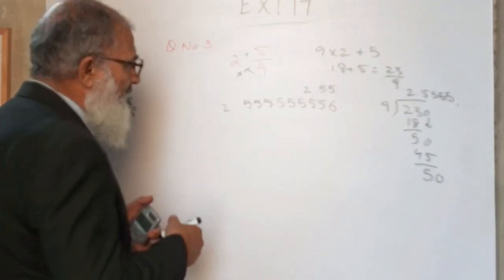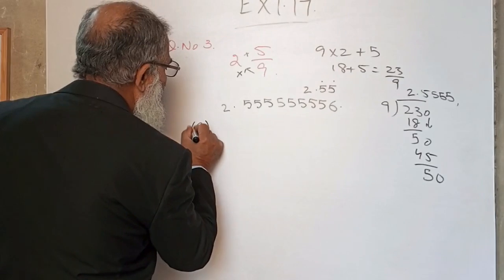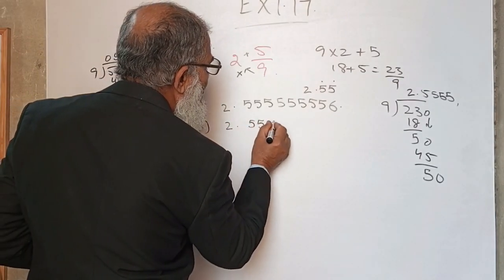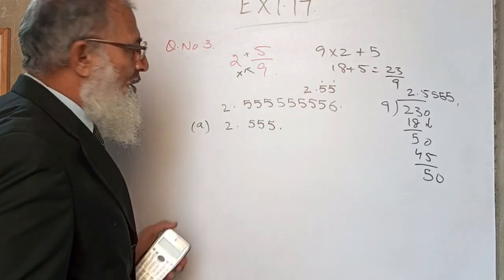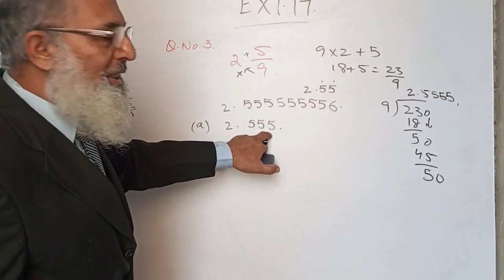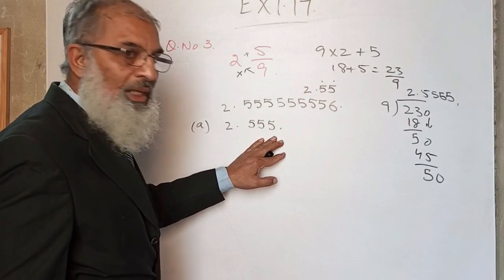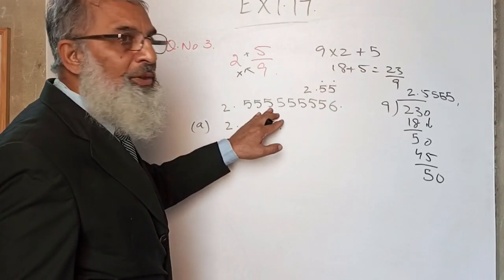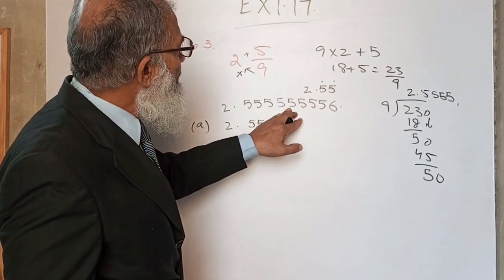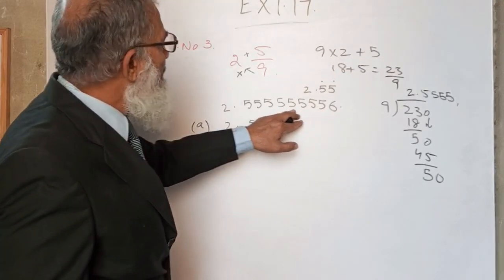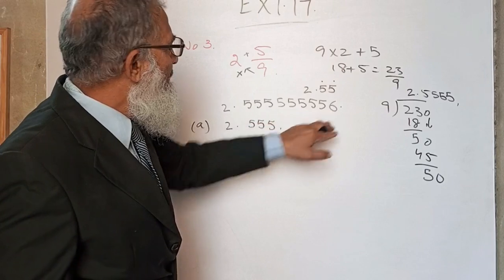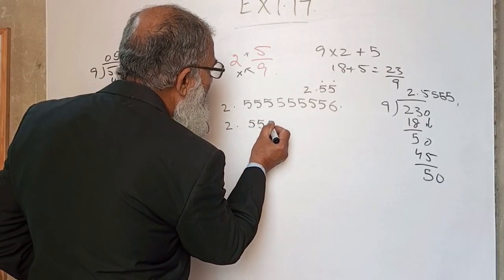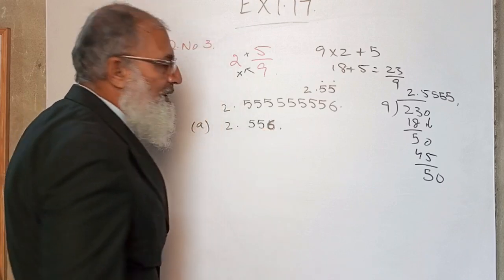Part A is to 3 decimal places, 2.555. Now you see there is a long chain of 5s, so you can easily convert it into 6.